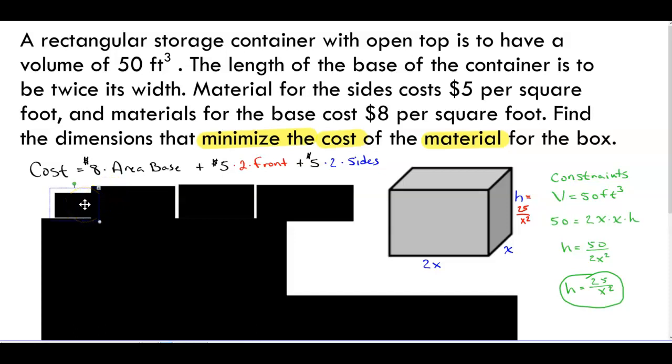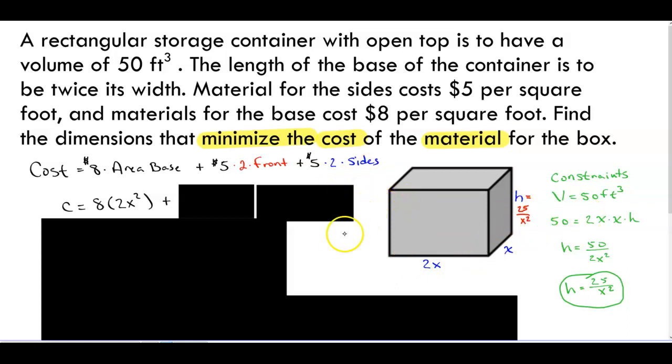So then we have to set up the costs, and I have to find the area of the base. Well, that's 2x times x, or 2x squared. So $8 times 2x squared. And then the area of the front, now the front is kind of tricky. We're going to take the fact that we know what h is equal to. So I'm going to do 2x times 50 over x squared.